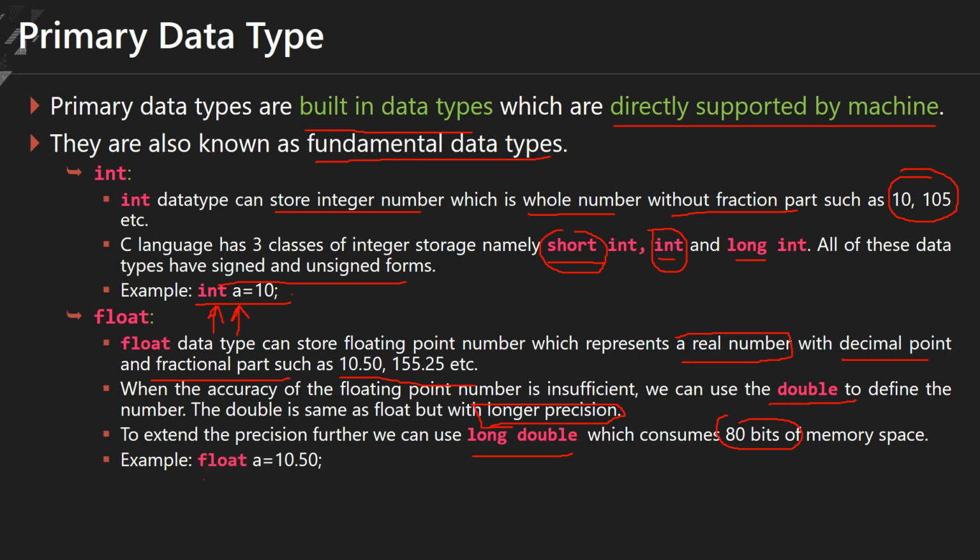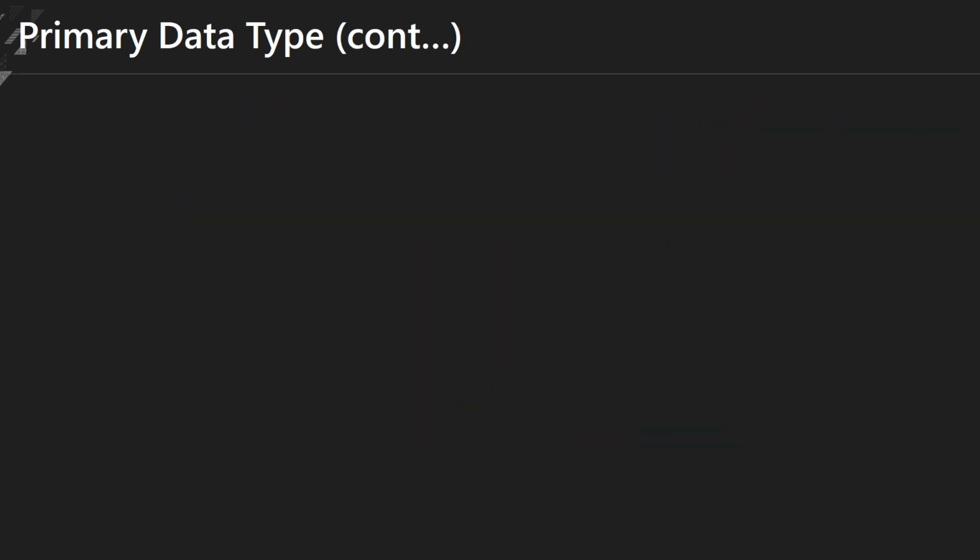The example will be like this: float, then the variable name, equal to 10.50, terminated with a semicolon. Once you understand the primary data types, we will see some more additional primary data types, which is char.